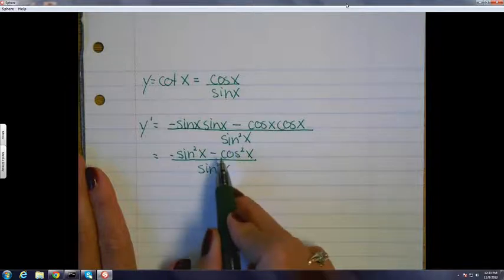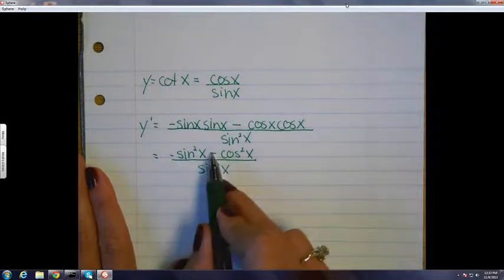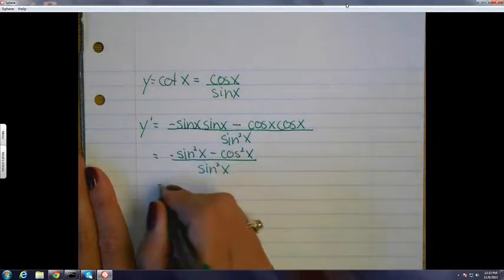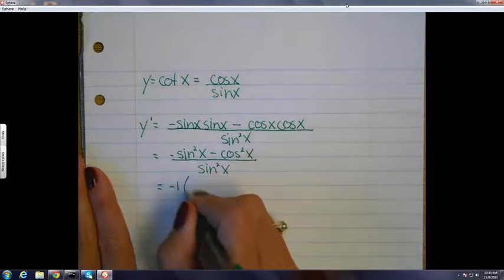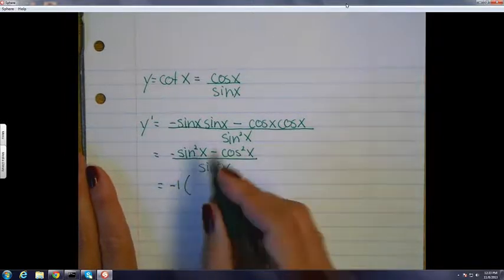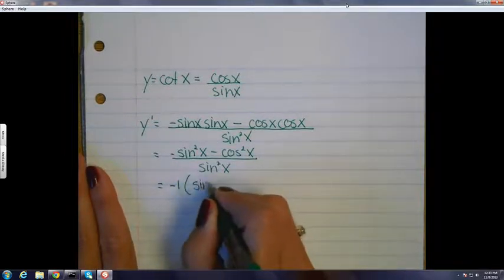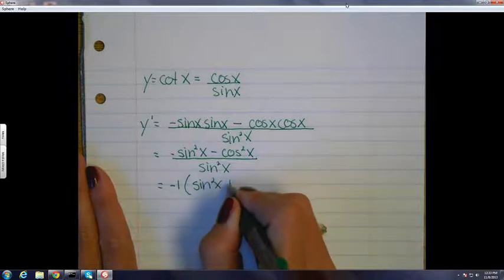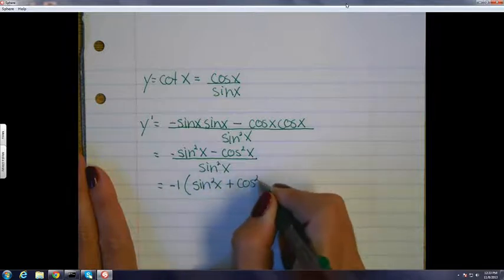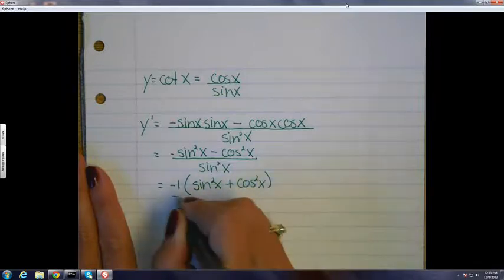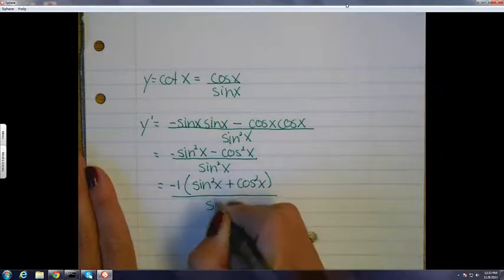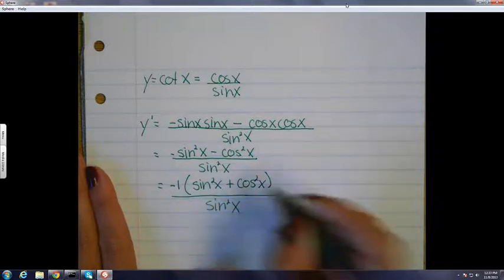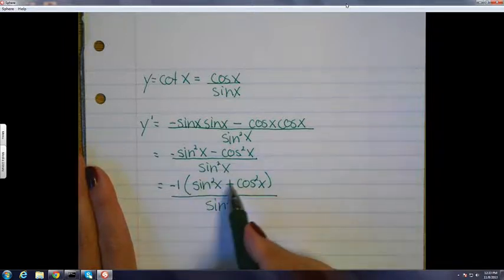But if I factor a negative 1 out of both of these, in other words, take a negative 1 out of the basket, that will leave me with a positive sine squared, then a plus cosine squared, all over sine squared.